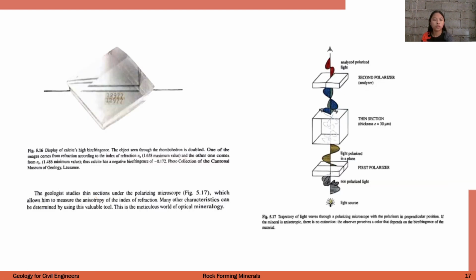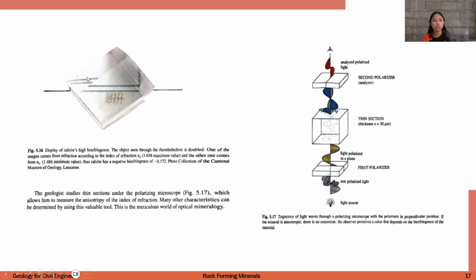So, figure 5.16. Display of calcite's high birefringence, the object seen through the rhombohedron is doubled. One of the images comes from refraction according to the ordinary index of refraction, and the other one comes from the extraordinary, thus calcite has a negative birefringence. So, as we can see dito, it looks strange because you only have one line here, but dito, two lines.